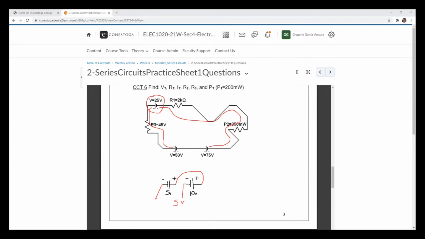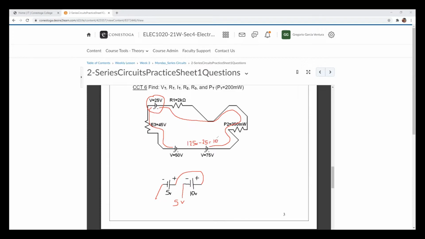You can see that these two guys are going to be adding up because they are all connected negative to positive. So we have 75 plus 50. That's going to be equal to 125 volts. No problems there. So 125 volts minus 25. So the total applied voltage in the circuit is going to be equal to 100 volts.